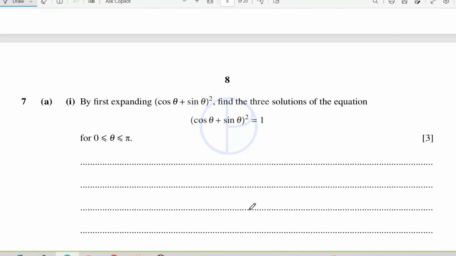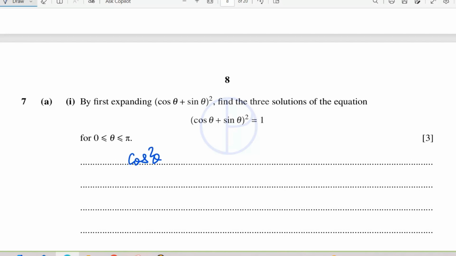Next, question number 7. By first expanding cos theta plus sin theta the whole square, find the three solutions of the equation cos theta plus sin theta the whole square equal to 1. So first we need to expand this. This is of the form a plus b the whole square, so a square plus 2ab plus b square.